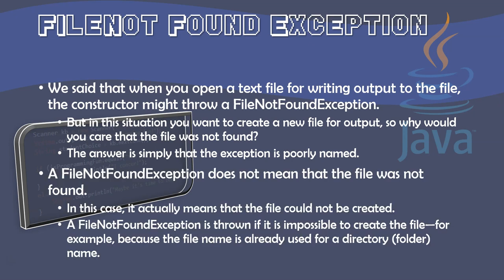It's not that the file is not found. In this case, it means the file could not be created. So Java says, hey, there's no file here. Let me go ahead and attempt to create this file. And it fails. Well, in this case, the file not found exception is thrown because it's impossible to create the file. For example, the file name is already used for a directory, such as a folder. Or maybe it's lacking certain permissions, so it can't actually write that file there.